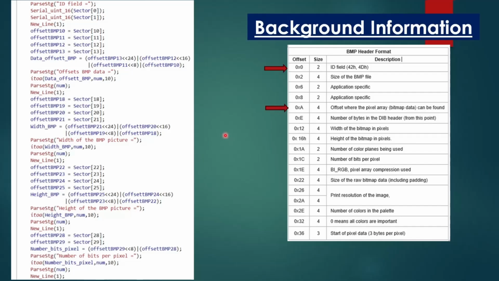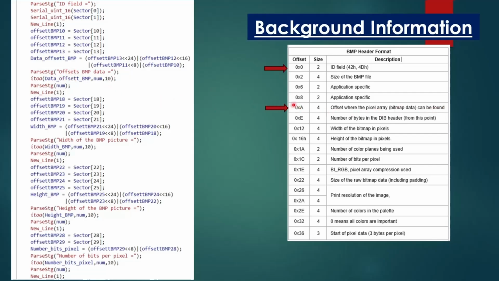The next thing I do, I get the offset where the pixel array can be found. Like we already explained before, in this particular sector we have 2 things: the BMP header, and also data. If we want to get to the data, we first have to figure out where it starts. It's going to start basically right after this header.